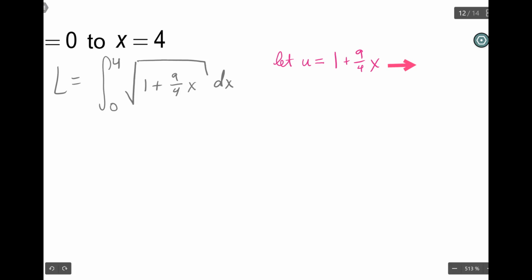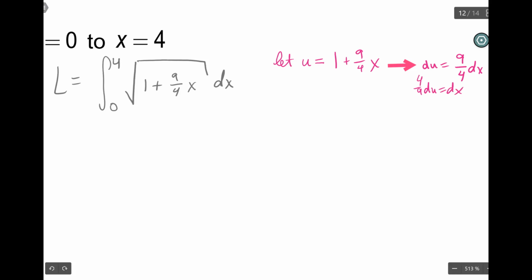and then du is 9 over 4. So 4 over 9 du is equal to dx. Okay.